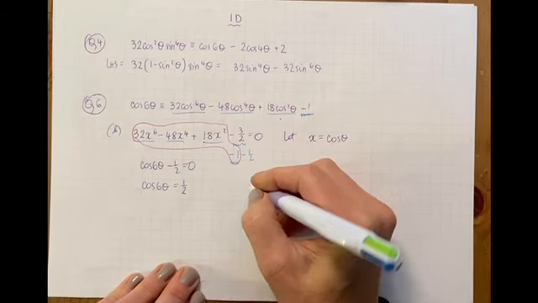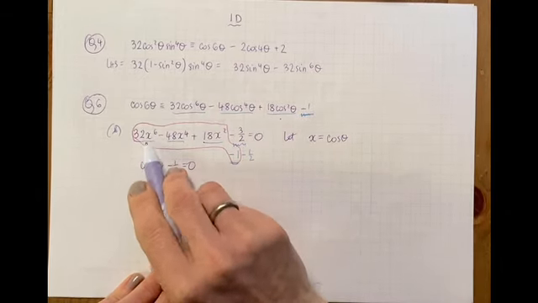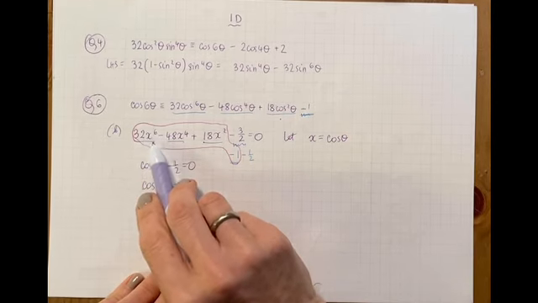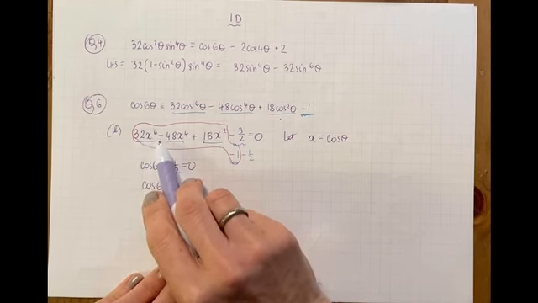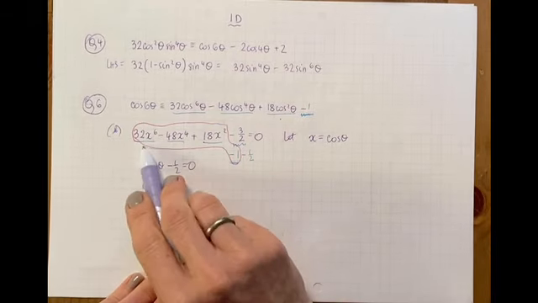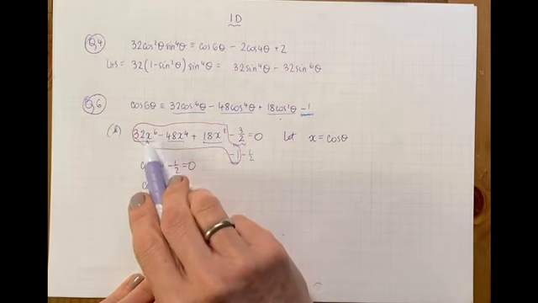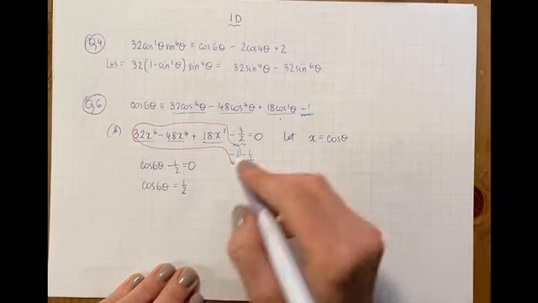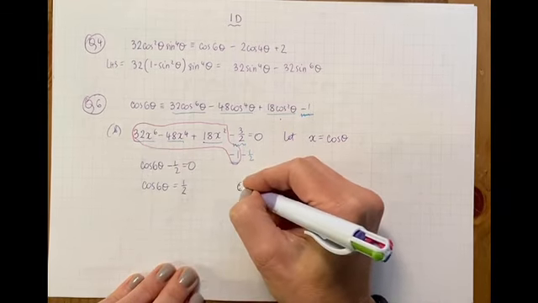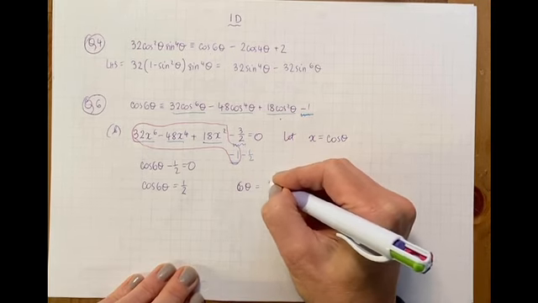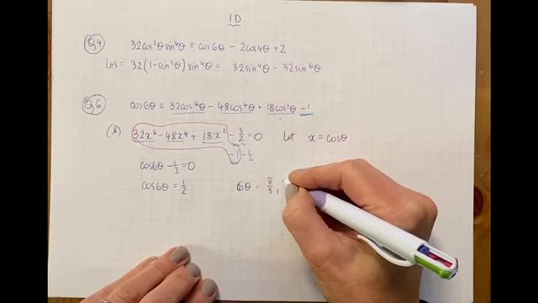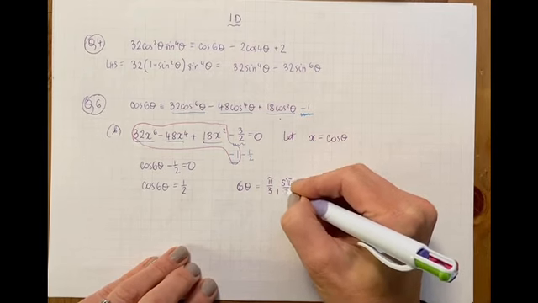Then you're going to find we are looking for solving something to the power of 6. You're looking for 6 distinct solutions, because any polynomial of degree 6 can have up to 6 real solutions. So let's solve that. 6 theta is equal to pi over 3. Then you've got 2 pi minus pi over 3, so 5 pi over 3.